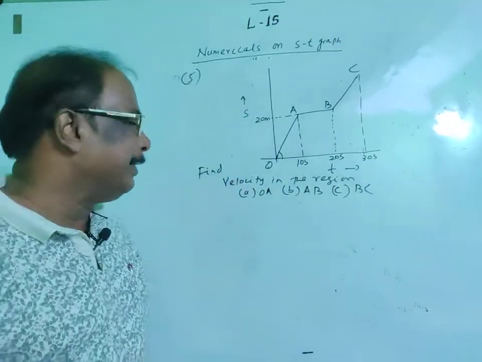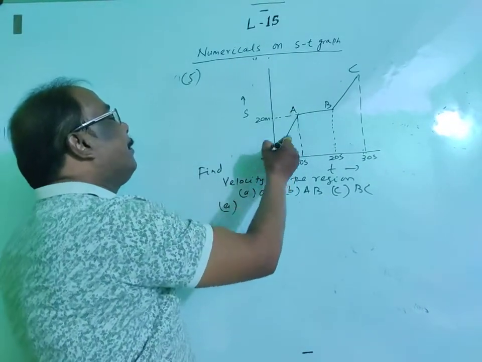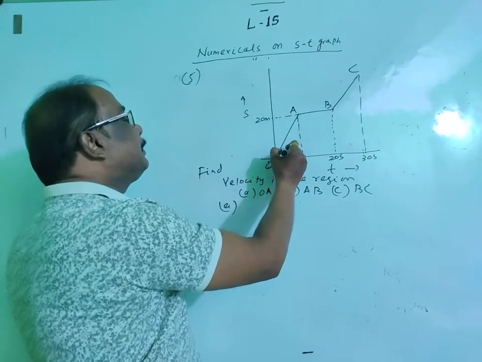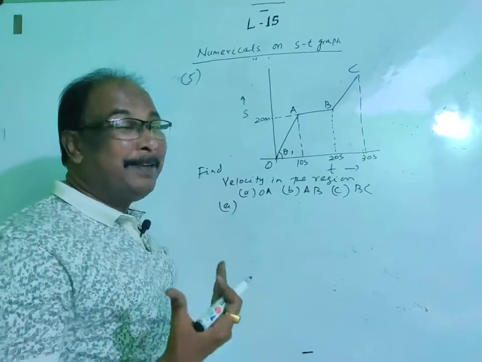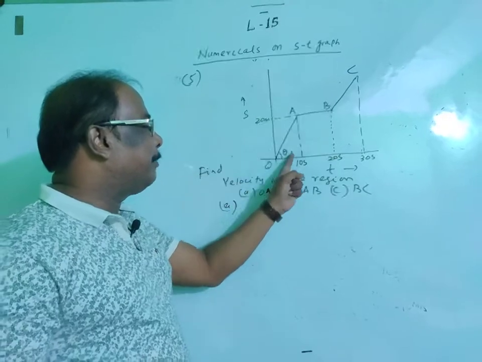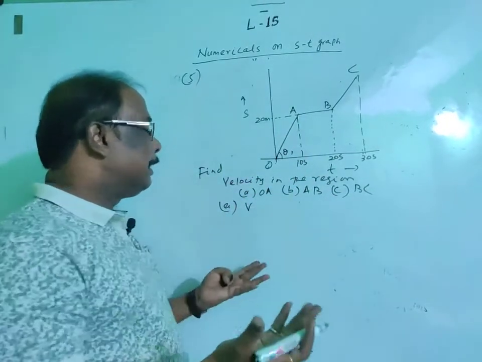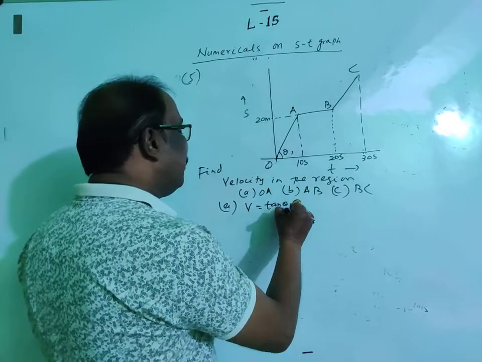Too easy, very easy. First bit A. If you see the graph OA, it is a straight line, making a constant angle. Let this angle be theta 1. If the graph between displacement and time is a straight line making a constant angle with the time axis, then velocity is constant, and that equals tan theta 1.